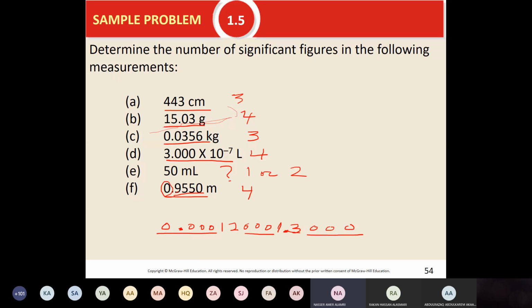Is there any zero? In A, there are zeros. Then how many significant figures? Okay, 3 and 3. The problem is only with the zeros. If there are numbers, no problem. Only the zero is a problem. Clear? Clear.